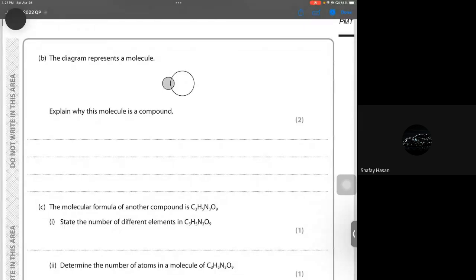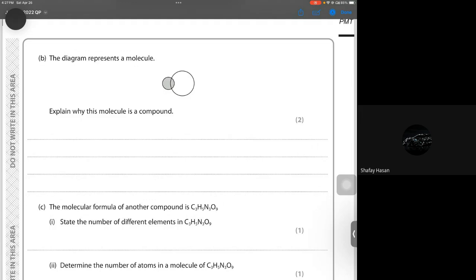Okay. So you can say that it consists of two different atoms. It consists of two different elements, and it's not a mixture.